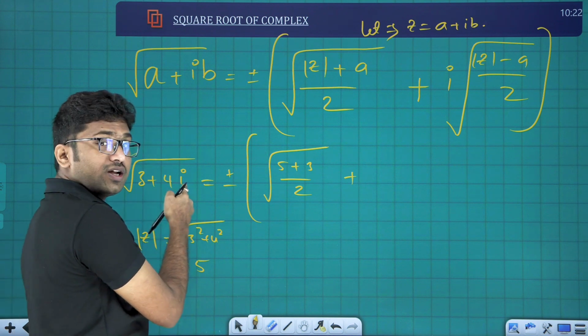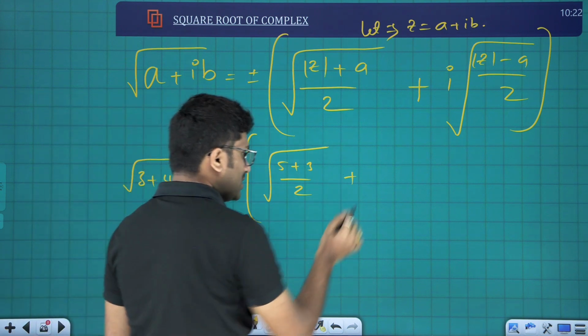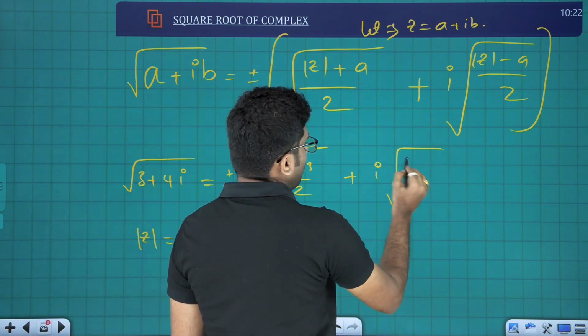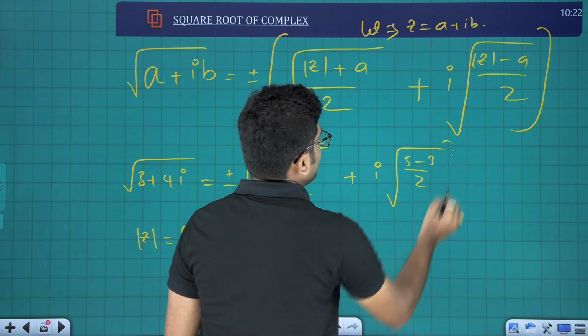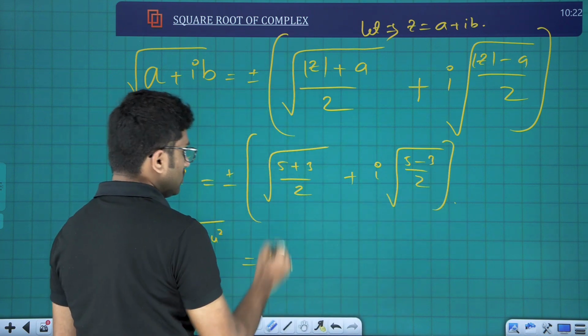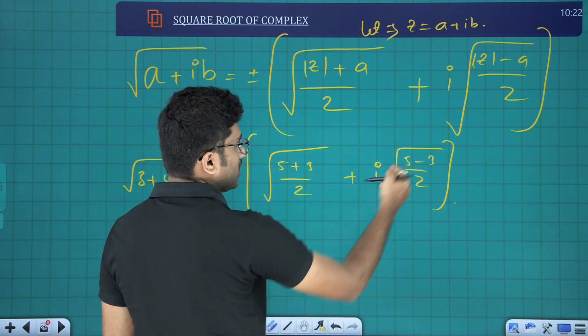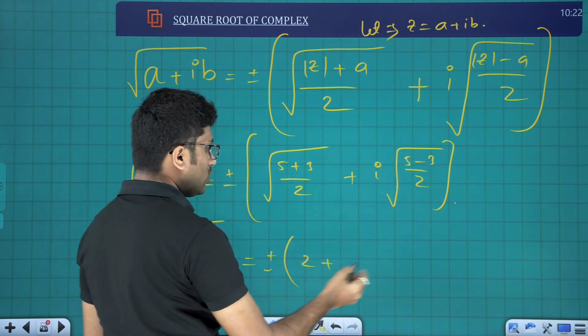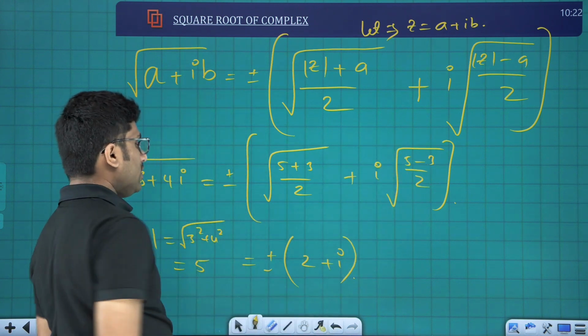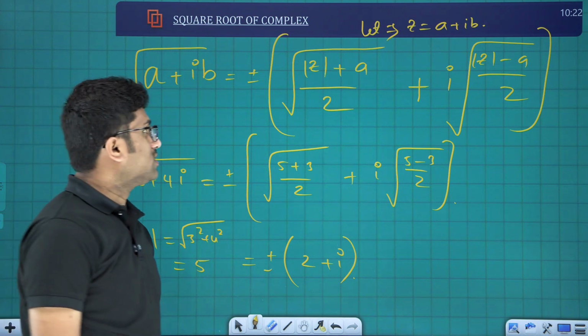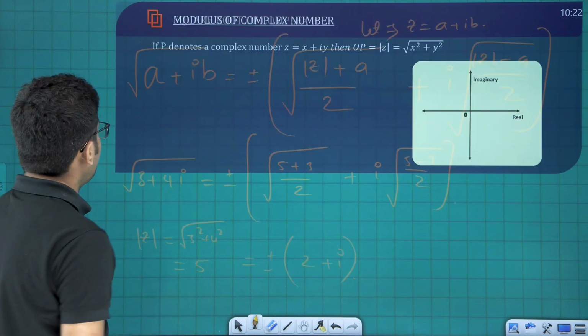Here the coefficient of i is plus only, so we put plus i times square root of 5 minus 3 by 2. So that is 5 plus 3, 8 by 2 is 4, root 4 is 2, plus 5 minus 3 is 2, 2 by 2 is 1. So this is what we get, plus or minus 2 plus i. This is how we find the square root of a complex number.